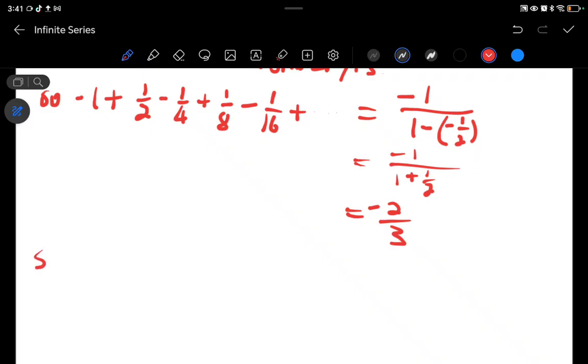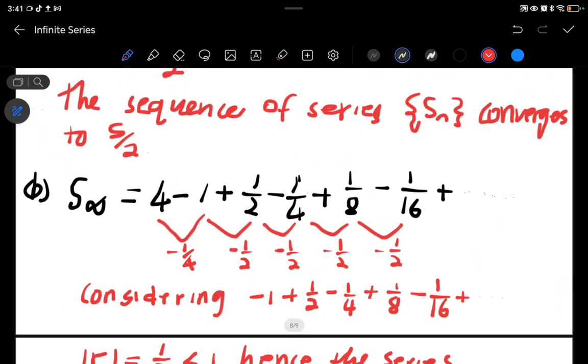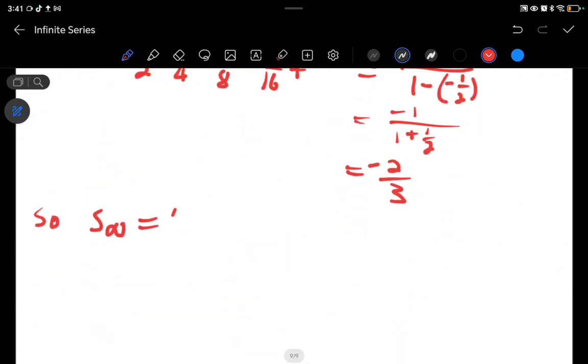Right. So this will give us the S of that, which will be equal to, now we take that 4 from the beginning. You see, right? We say 4 minus 2 over 3. And this will give us 10 over 5.